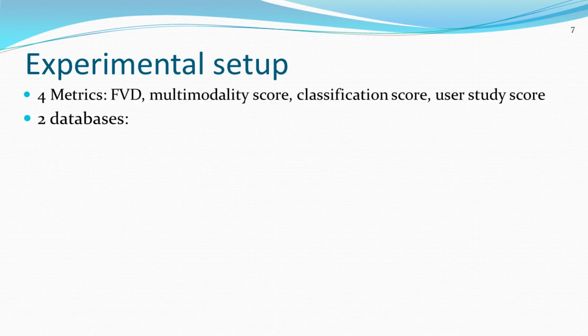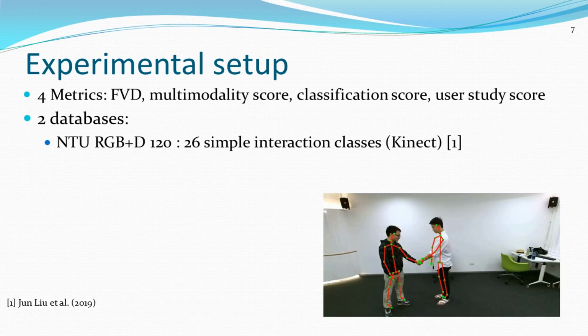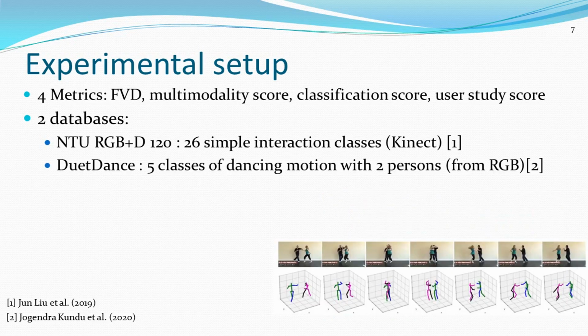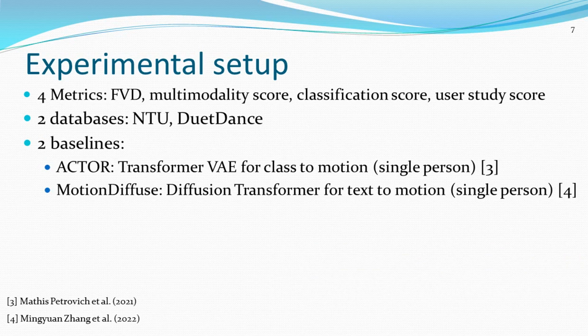We also use two databases, the NTU RGB+D 120 with 26 simple interaction classes captured with Kinect, and Duet Dance, where we have 5 classes of dancing motion with 2 persons extracted from RGB video. We compare our method to two baselines: Actor, which is a transformer VAE for class to motion, single person, and MotionDiffuse, a diffusion transformer for text to motion, single person also.